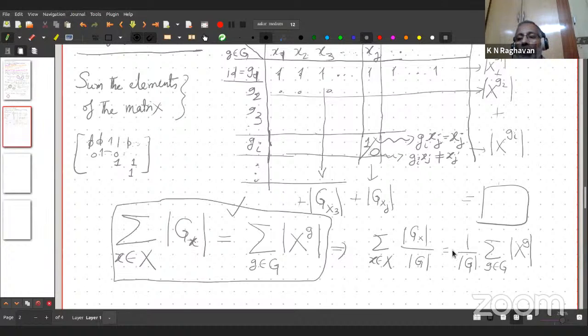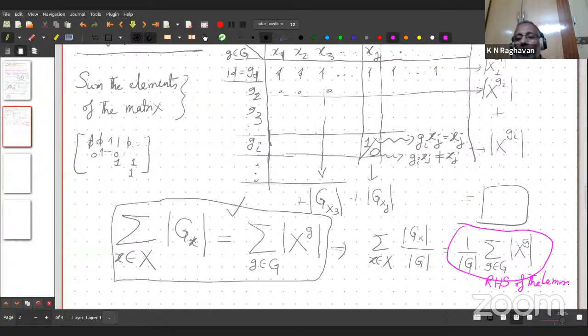Here I've kept it outside the sum, because this is how it appears in my right-hand side of the lemma. This is the RHS of the lemma. So I'm almost there. I have gotten the RHS.